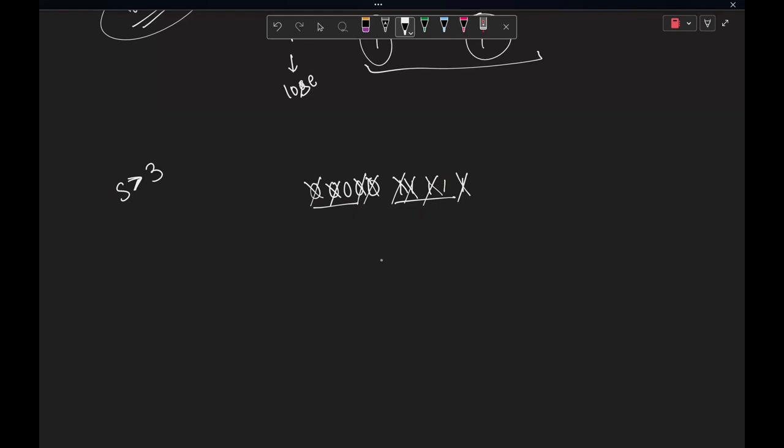And at the end of the day, when the string length becomes equal to 2, until now we knew that as long as the length of the string is greater than or equal to 3, a player can choose a string for sure. But now when s is equal to 2, it depends upon whether the string has 0 0 or 1 1. In these two cases, the player can make a move. But in the case of 0 1 or 1 0, the player cannot make a move.